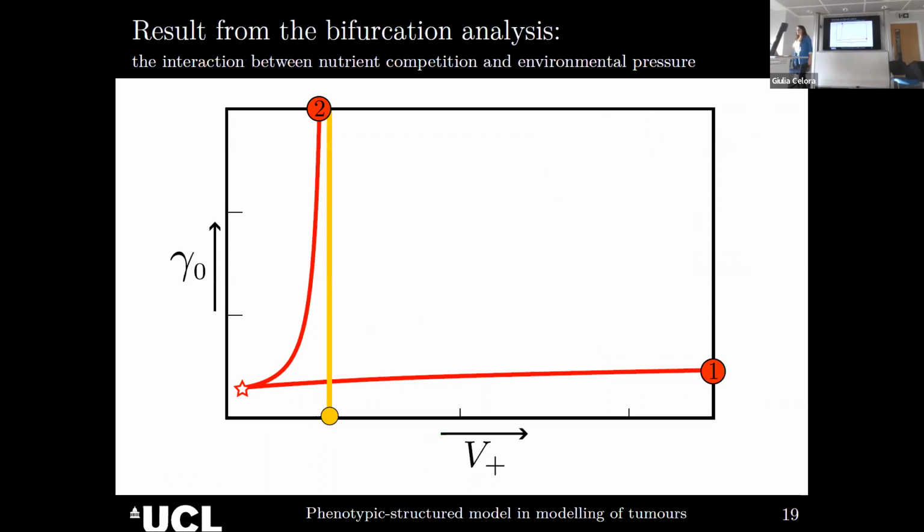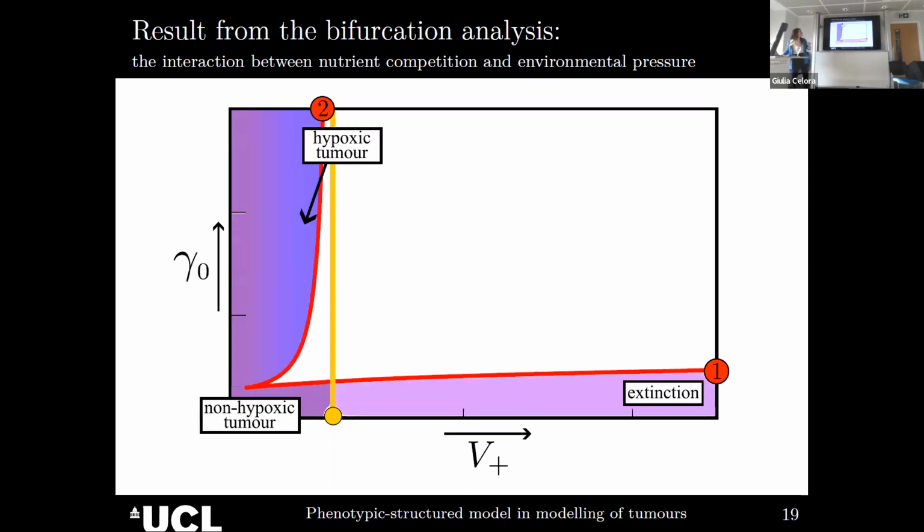And so this is what we're studying now, because we have, as before, our bifurcation parameter on the x-axis, B plus, but now we also have gamma naught on the y-axis, and we follow the location of our bifurcation points. So you can see that the two saddle nodes originate from a cusp point.